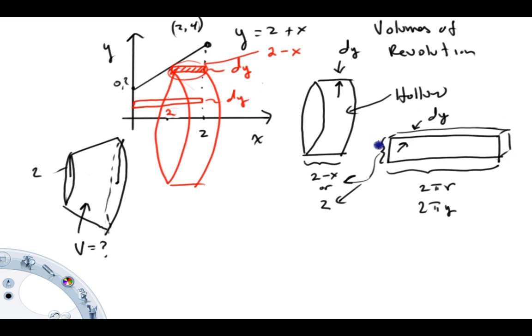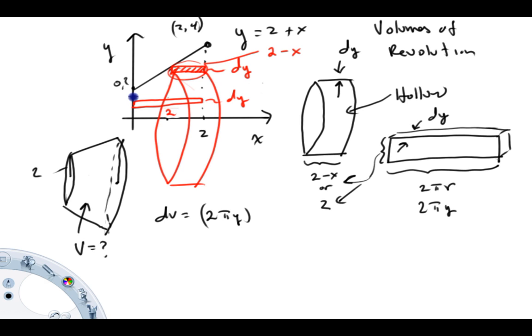Now what we can do is just write an expression for the volume of this. dv is going to equal the length, 2 pi y, so that's this dimension, times this dimension. Now that's going to be a 2 minus x or a 2, depending on where you're talking about. Because the length of the rectangle changes how it's defined at this point, if you set it up like this, it's required that we write 2 different integrals to solve this problem.